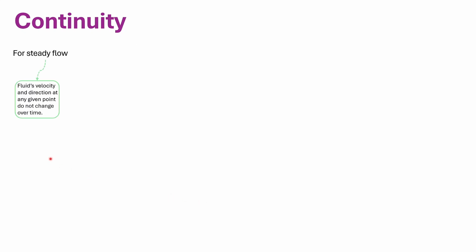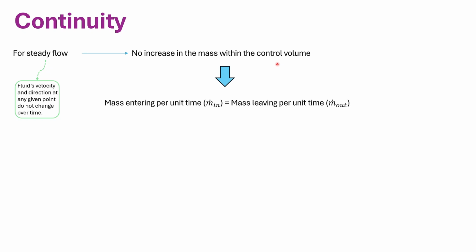For a steady flow, in which the fluid's velocity and direction at any given point do not change over time, we have no increase in the mass within the control volume. As a result, mass entering per unit time equals mass leaving per unit time.